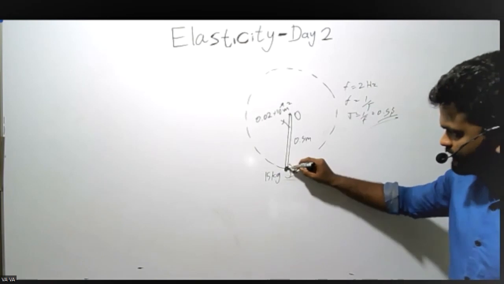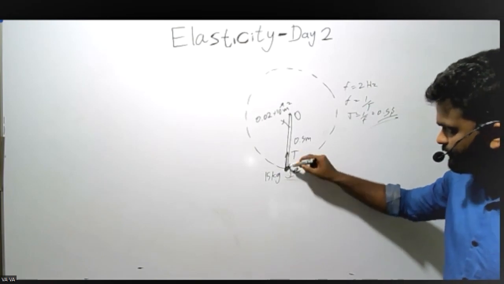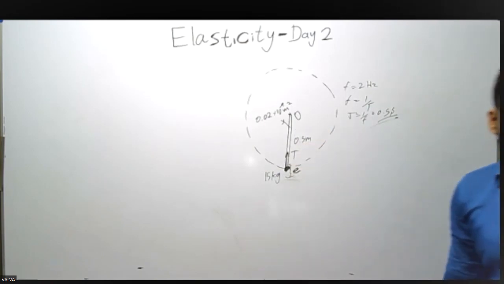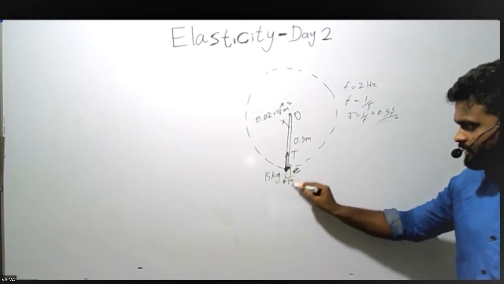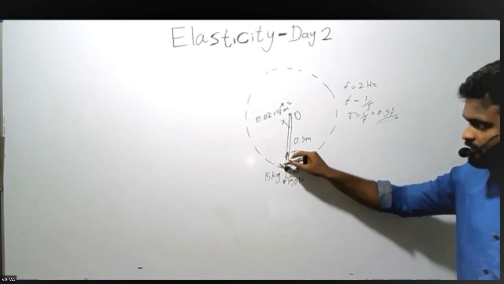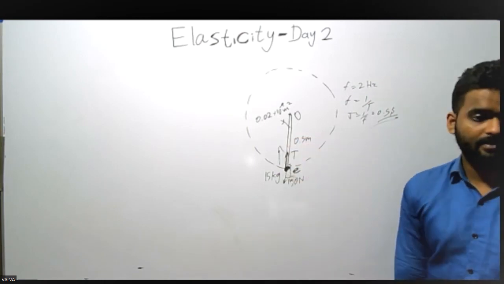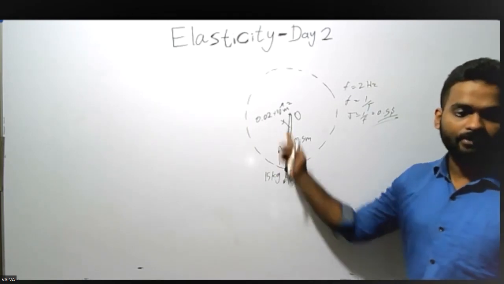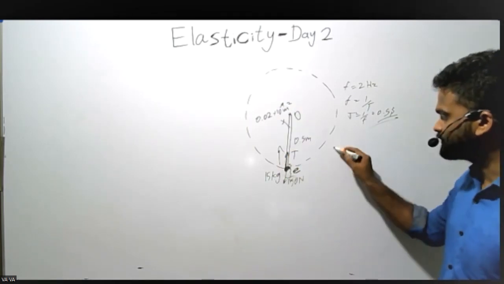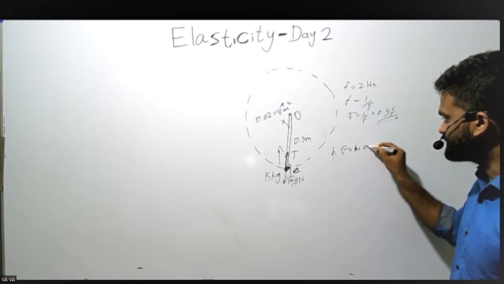Okay, here the forces acting: there's a tension acting upwards, and there's a weight acting downwards. Whenever you have a circular motion question, you always have to apply F equals ma towards the center, right? So I'm applying F equals ma towards the center.